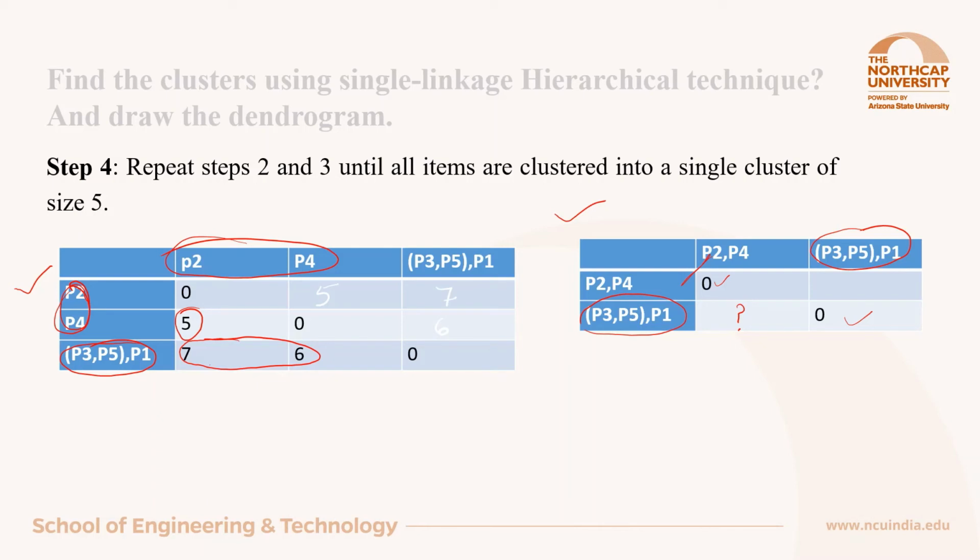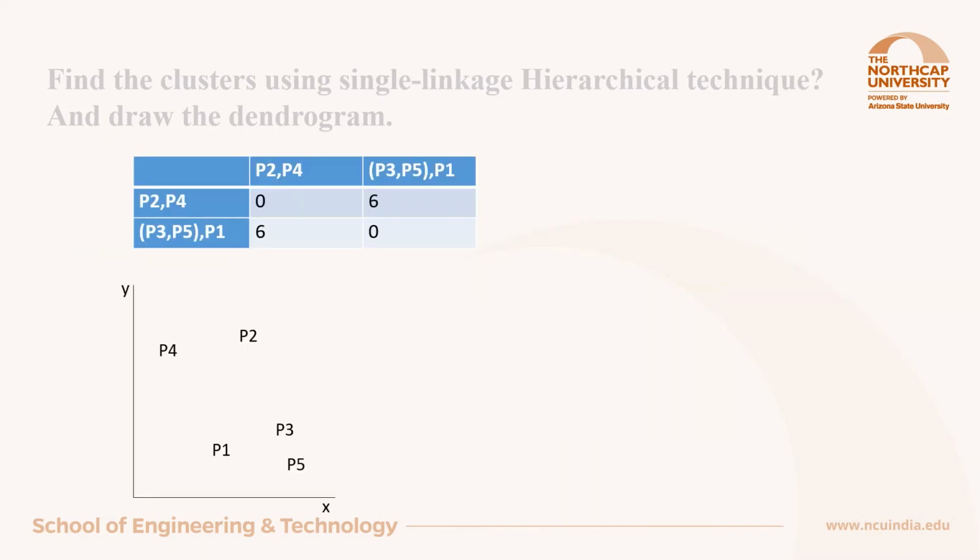So out of 7 or 6, I'll write 6 here. So this is my final matrix. Now at the last step, this 2 by 2 matrix will be reduced to 1 by 1 because this cluster will be merged with this cluster and we are left with the complete whole cluster.